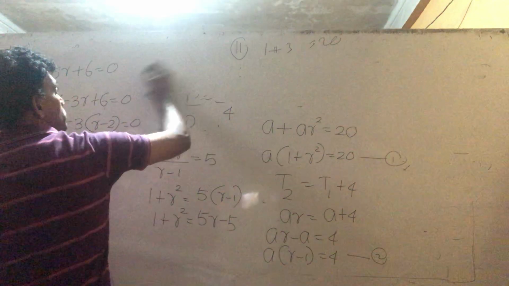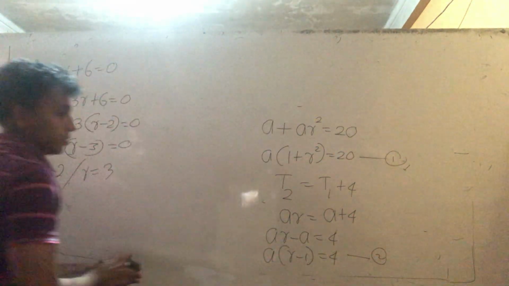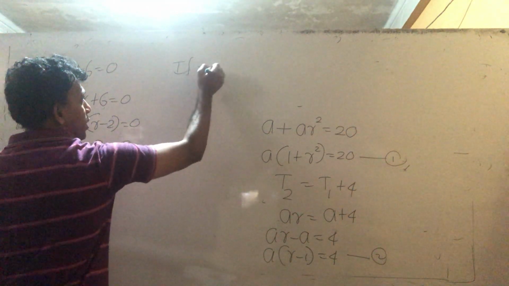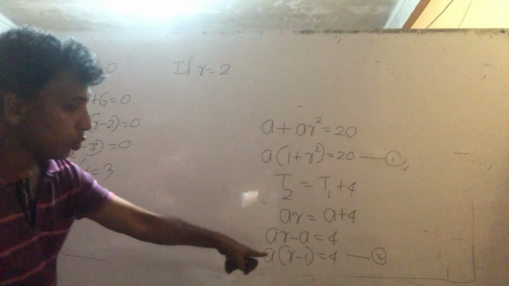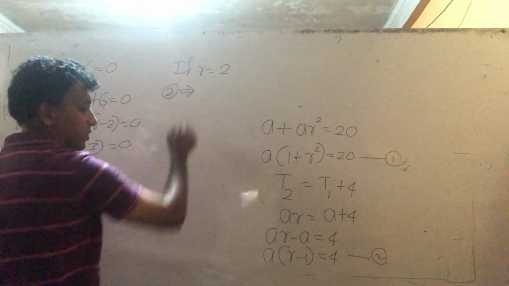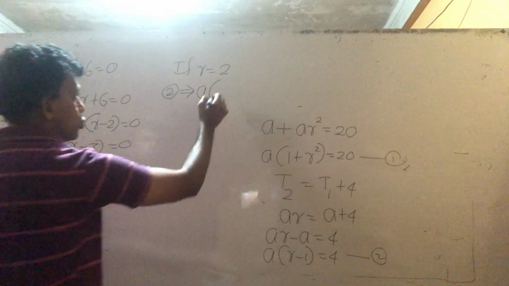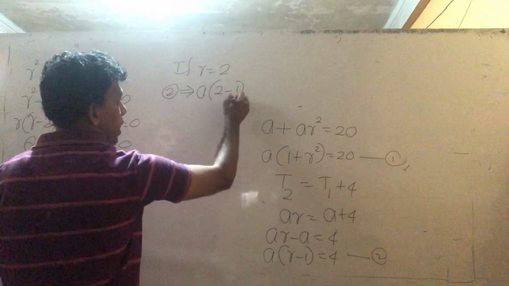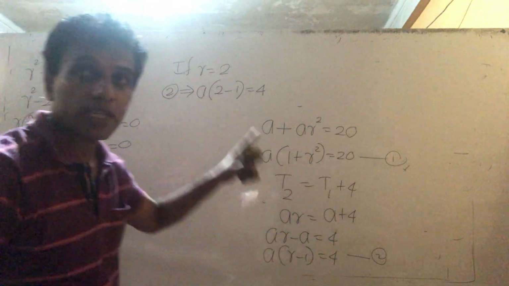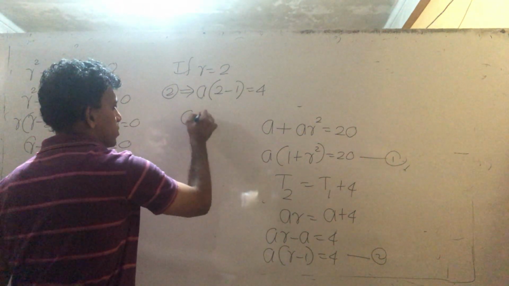So if r equals 2, go to the second equation and find the first term: a times (r minus 1) equals 4. So find the a. 2 minus 1 is 1. 1 times a equals 4.